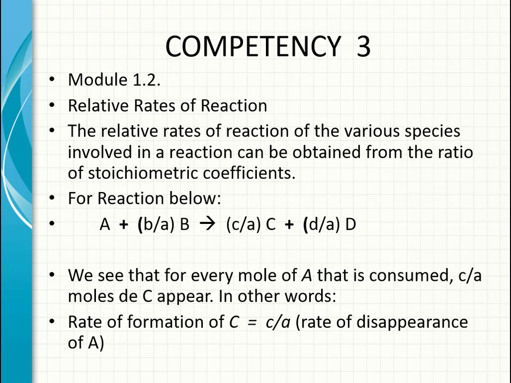For example, for the reaction aA plus bB gives cC plus dD. Remember that the lowercase letters are the stoichiometric coefficients and the capital letters are the reactants or substances.